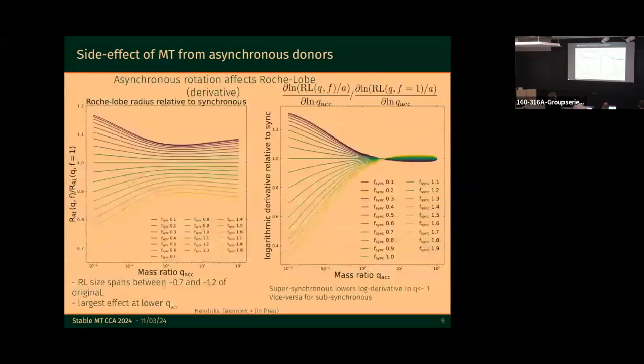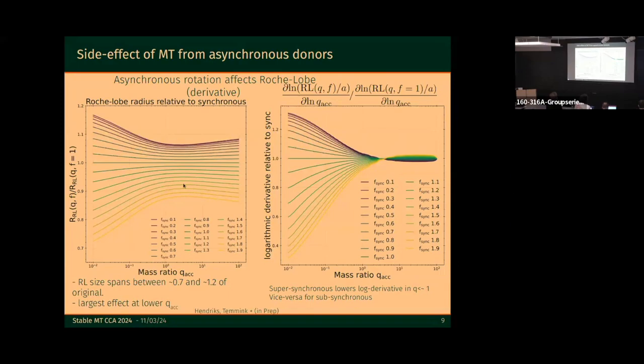And the last part, to look into the stability of this: the asynchronicity also has an effect on the shape and the size of the Roche lobe. That's what I'm showing on the left plot as a function of the accretor mass ratio. For different synchronicity factors, we see that the size of the Roche lobe changes.